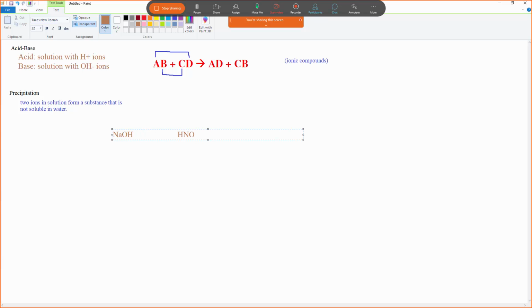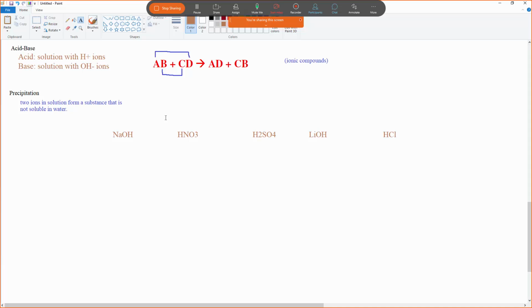If I have NaOH, if I have HNO3, if I have H2SO4, if I have LiOH, and if I have HCl. Okay, so Sarah says that NaOH looks like it's going to be a base.